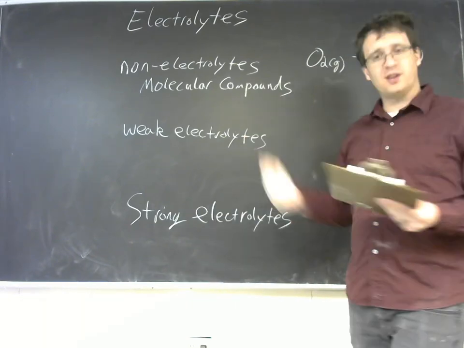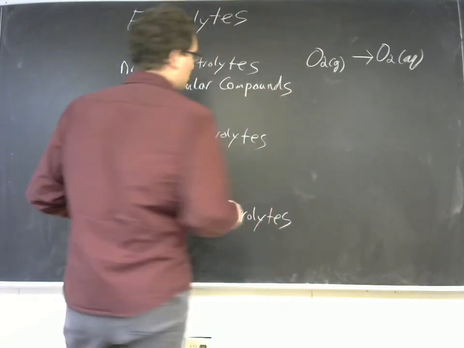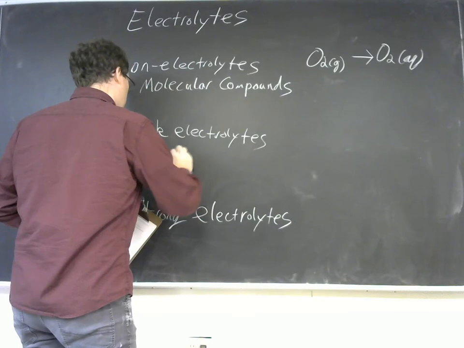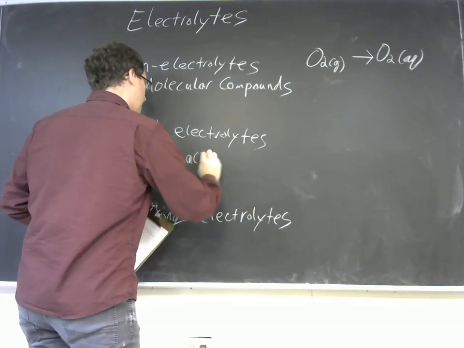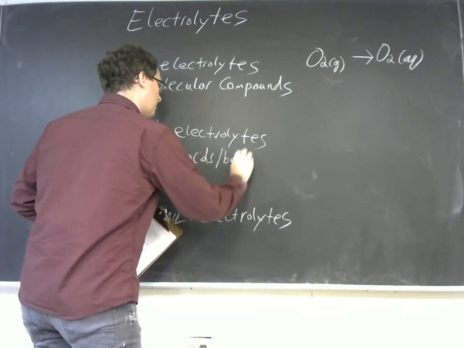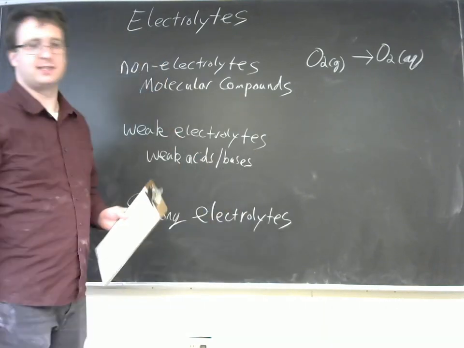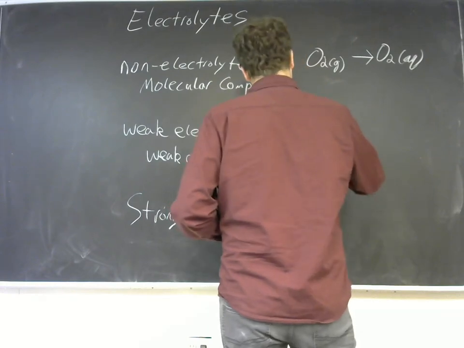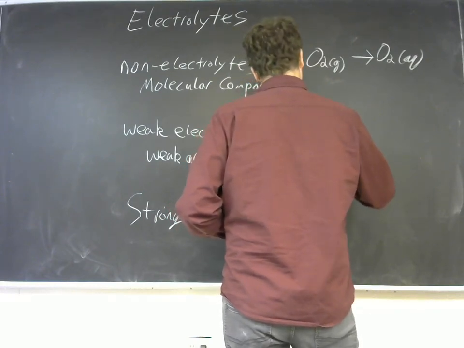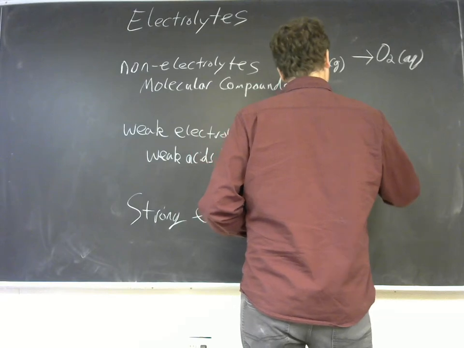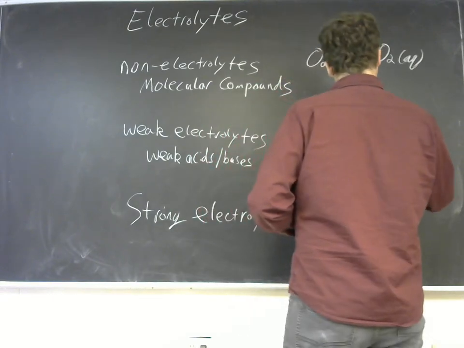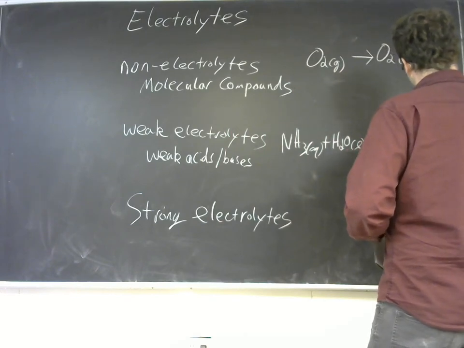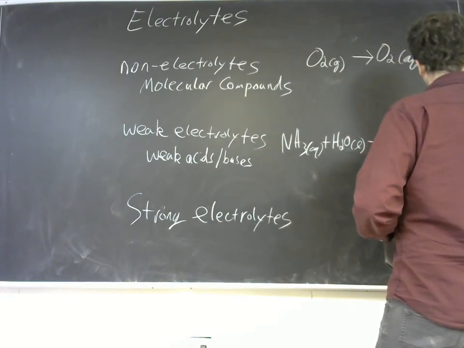Okay, so weak electrolytes produce a small number of ions. So weak electrolytes are weak acids and bases. Weak acids and bases will produce ions. For example, let's look at NH3. NH3 plus H2O liquid is going to produce NH4 plus and OH minus.